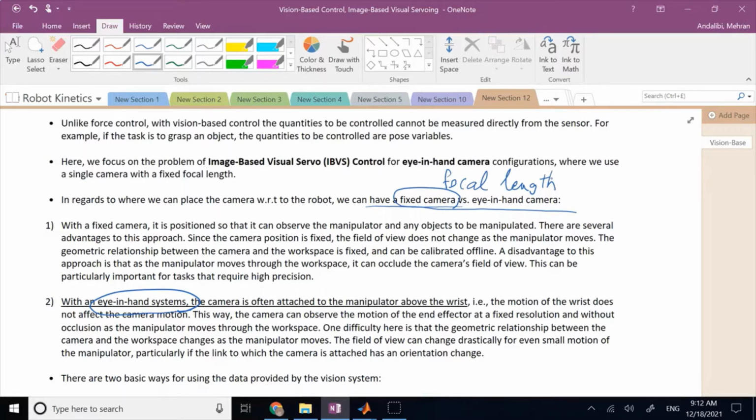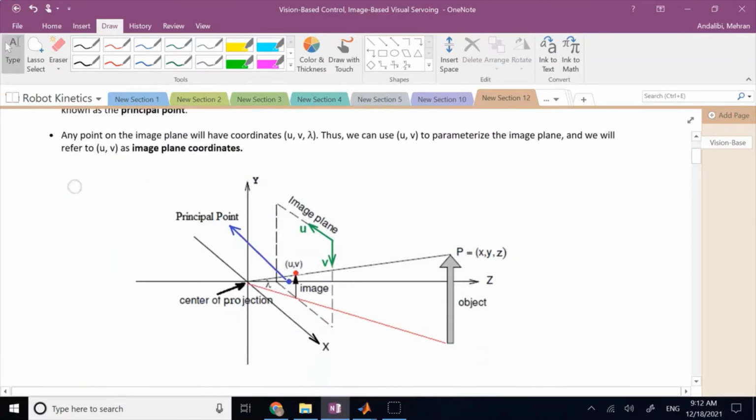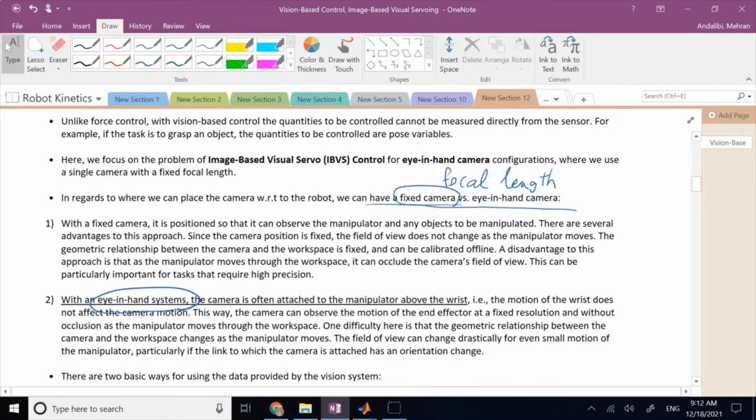And we use the simplest model of a camera, which is called the pinhole model, and I'm gonna go over it very fast. And here the focal length, which we show with parameter lambda, is a fixed number. So these are the two things that we are going to assume in this video.